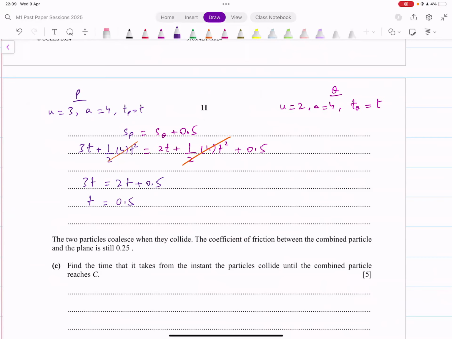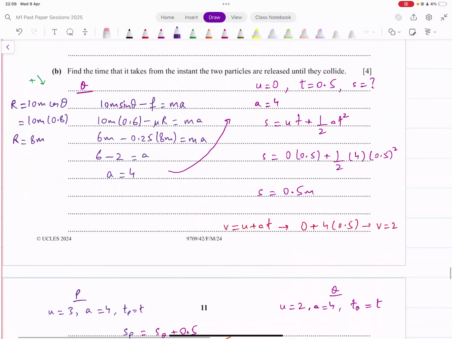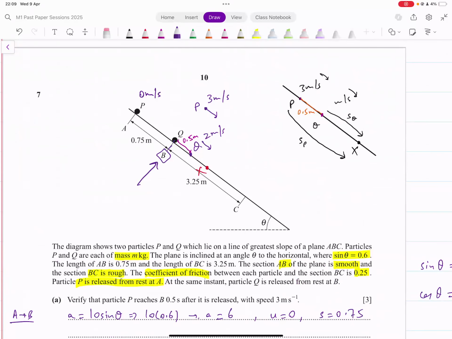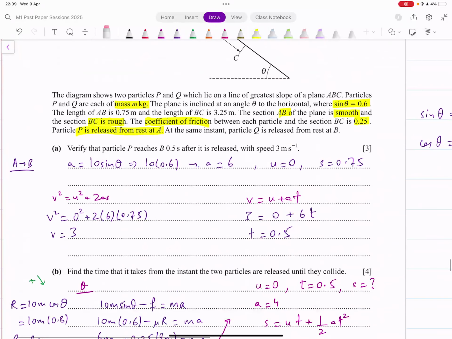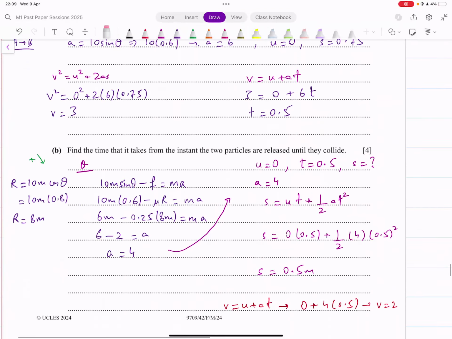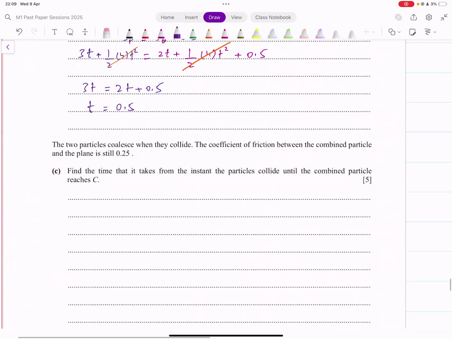This is the time taken from this point onward, when they were already at the point B. 0.5 seconds had already passed before this. We wanted to find the time that it takes from the instant that the two particles are released until they collide. What's the total time taken?